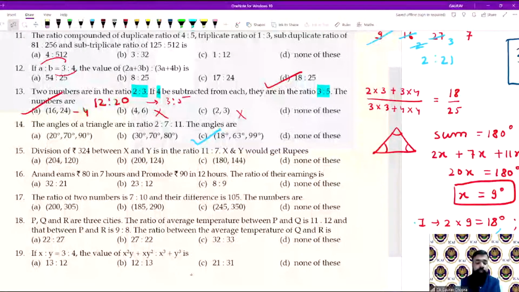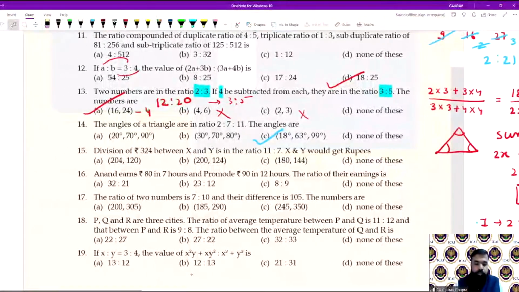Now the 15th one. Division of 324 between x and y in the ratio of 11:7. Then how much will x and y get in terms of rupees? So simply we have to do the division. Again, you can do it by using options or by simple calculation. Both the methods are available. So 324 is there, and you have to divide this in the ratio of 11:7.